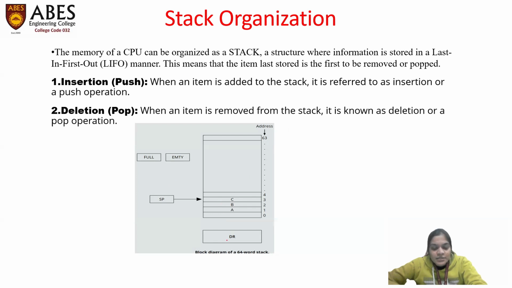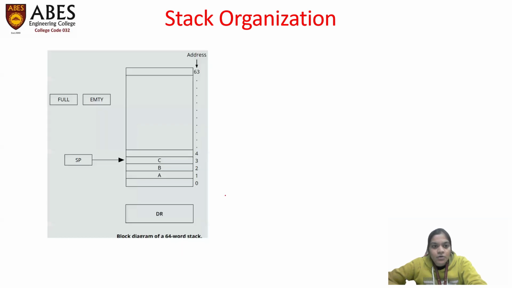We need a data register that shows which data has to be removed from the stack or which data has to be inputted into the stack. We have two flag pointers, full and empty, which denote whether the stack is available for data input or not. Basically, whether the space is available for the next input of data into the stack register or not.